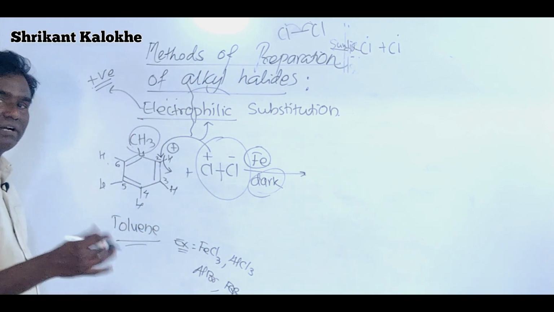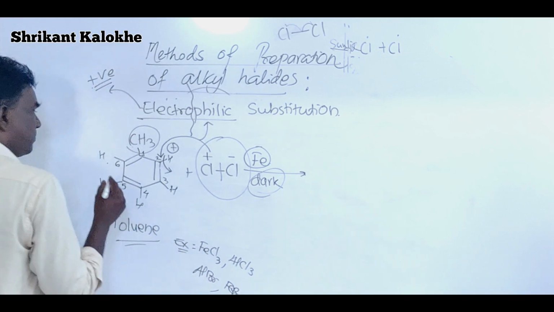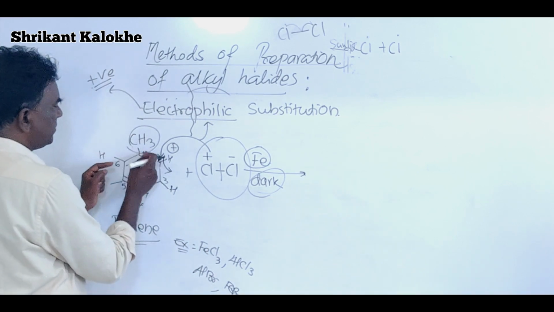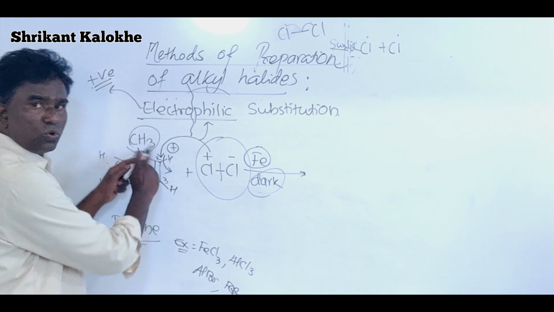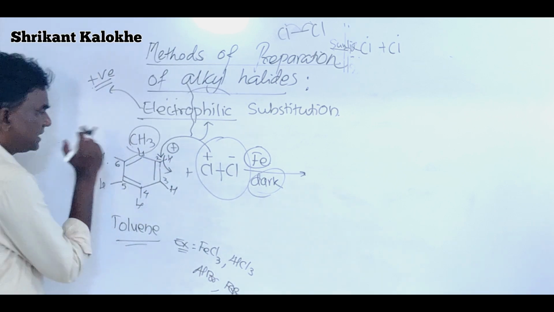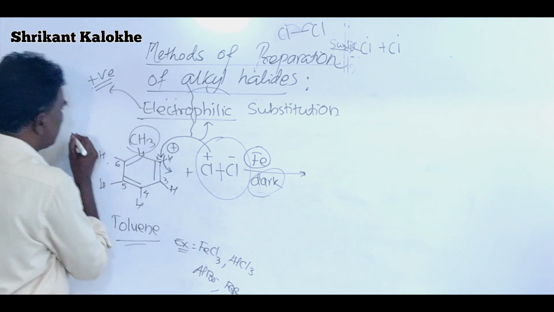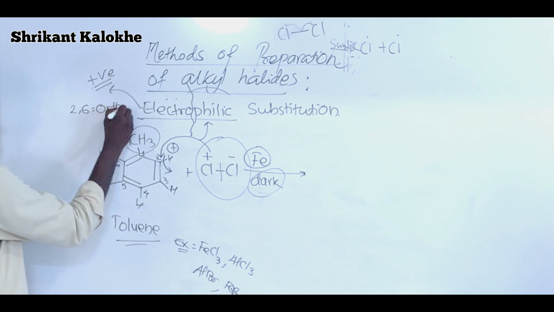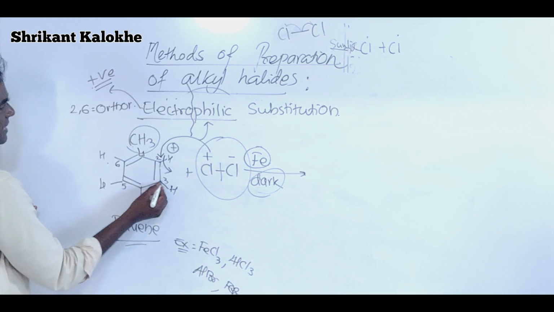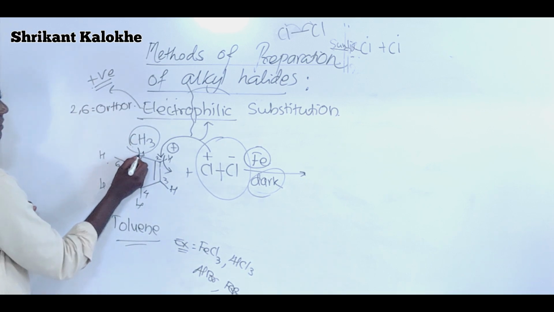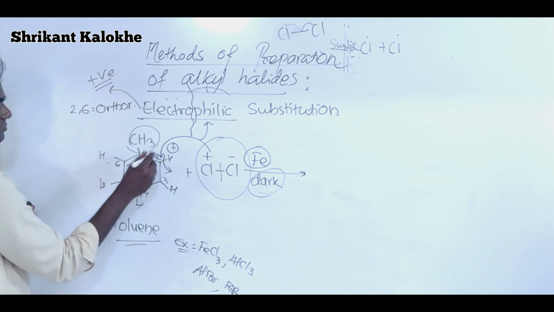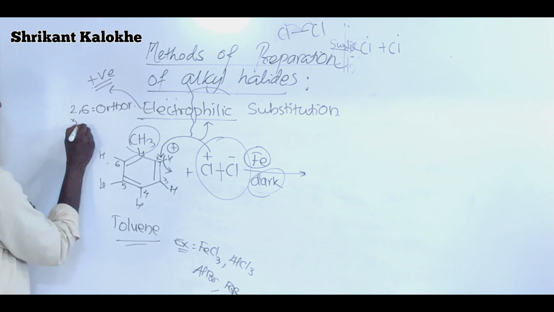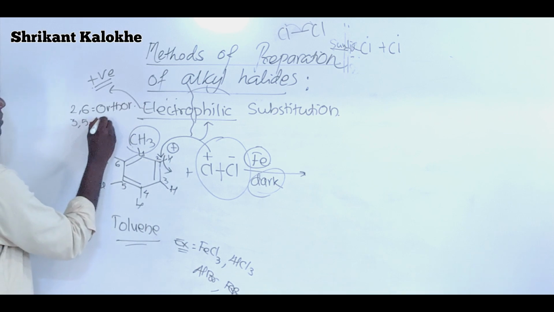And in other words, in common name system, the second position and 6th position, which are very next to this methyl, or the very first closest positions to this methyl group, those positions, position 2 and position 6, are known as ortho, and 3 and 5 positions, which are next to that second position, those are known as meta.